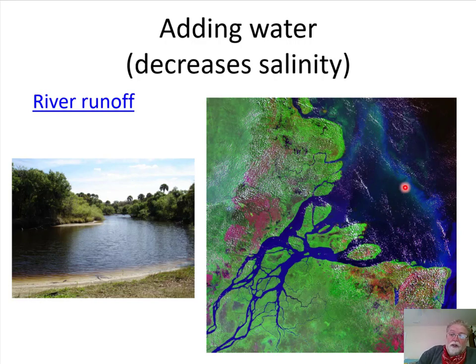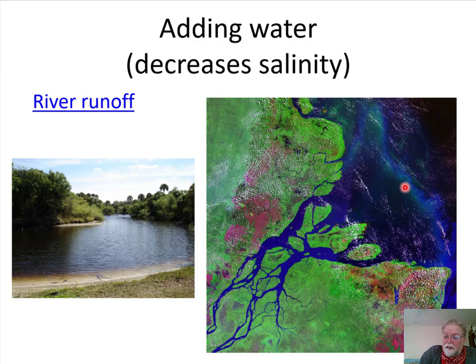In fact, you can be sailing completely out of sight of land off the coast of the Amazon Delta and be in completely fresh water. It's dumping an awful lot of fresh water into the Atlantic Ocean, and so the salinity goes down there a lot.